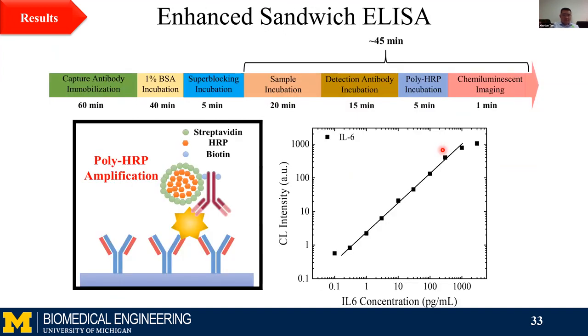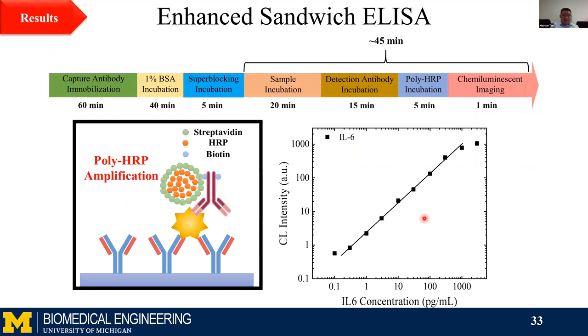So after this, I also want to introduce briefly the detection of some COVID antigens. Before that, I'll also introduce our own enhanced sandwich ELISA assay for detection of antigens. In this case, I'm presenting this IL-6 detection data with poly-HRP amplification.